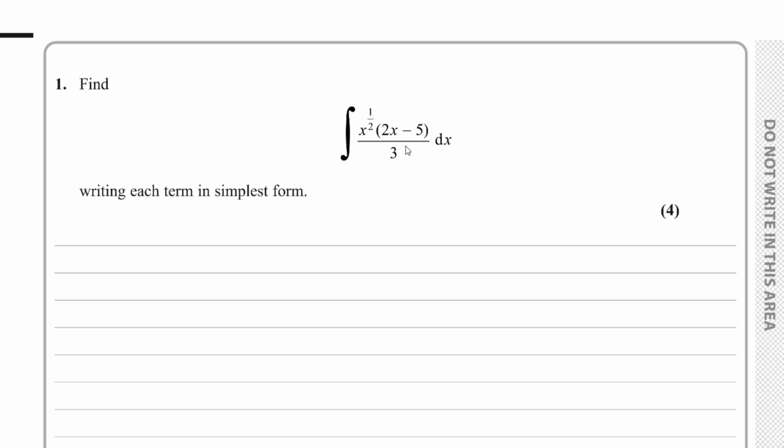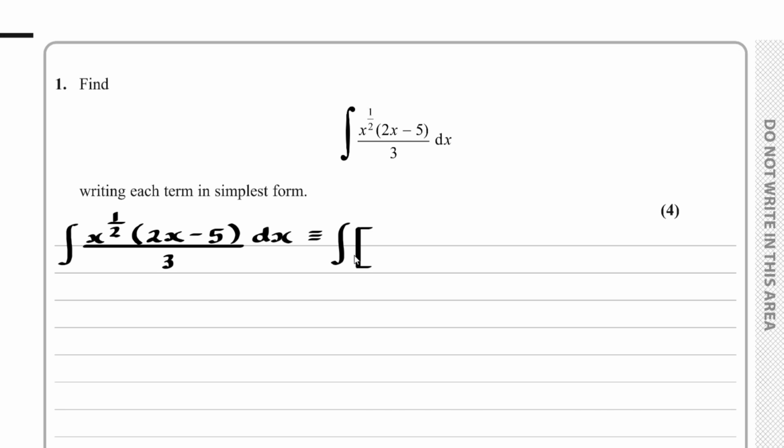We need to write this integral in an integrable form. So we have x to the 1/2 multiplied by 2x subtract 5 over 3, which we can simplify. What this integral is equivalent to is the following.